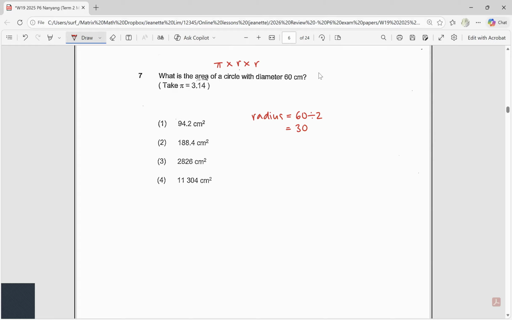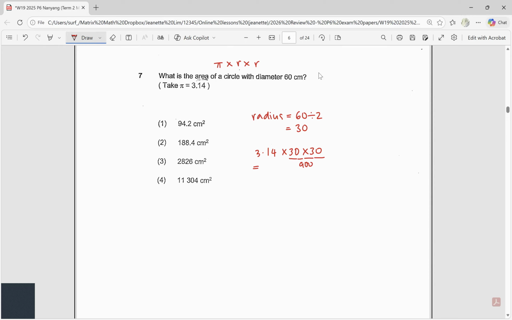Now, area of the circle is pi, which is 3.14, times 30 times 30. Okay, then you calculate this. You're not supposed to use a calculator. So what you can do is to split them up. This part here is 900.